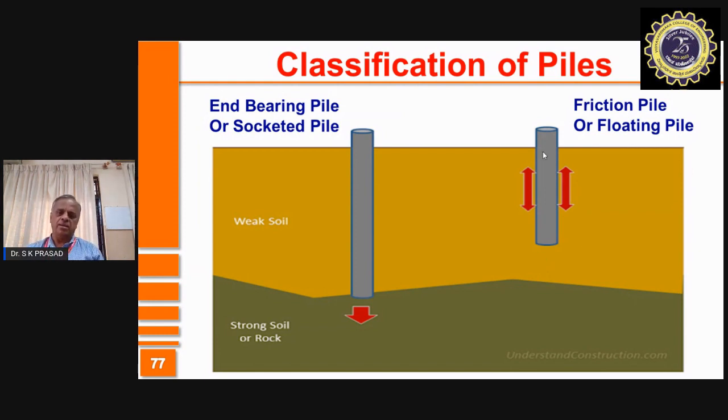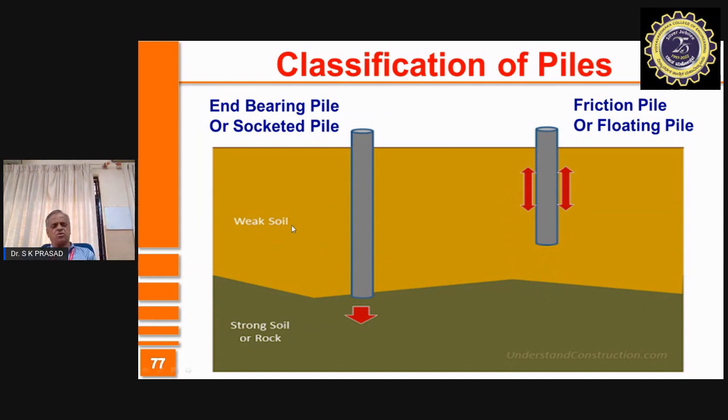So in a pile, the total capacity in general is shared by a frictional pile component and then the end bearing or tip base resistance. In special cases, you may have a pile which has only end bearing with skin frictional component 0, or you may have a pile where the end bearing component is very less compared to the skin frictional component.